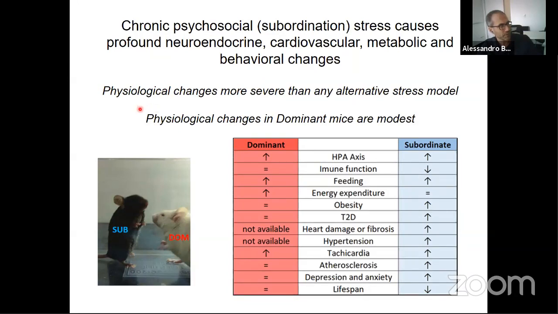Two important points, and I'm not really showing much of the data here: these physiological changes are very remarkable and much higher than you can get with any other stress model that has been tested so far. And even more importantly, the physiological changes are almost exclusive to subordinate animals. There is very little going on in the dominant, with a notable exception that I don't have time to discuss today. So it really is a unique physiological response.